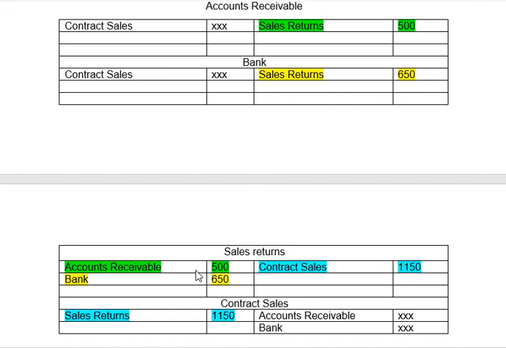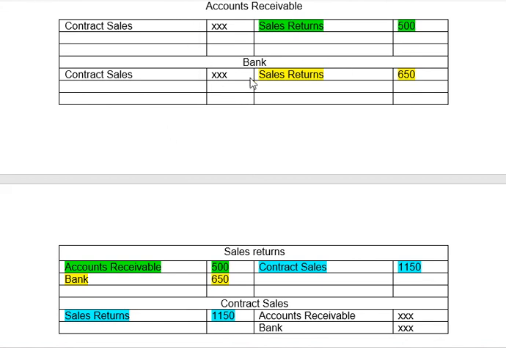The same will be true for the cash sale. We made a cash sale, so money came into the bank account. Now they ask for a refund, weren't happy with some of the goods, so we're going to send some money back to him, a sales return. So now money will go out of the bank, minus side of bank. Remember, both of these accounts are assets, so plus, minus, and plus, minus.